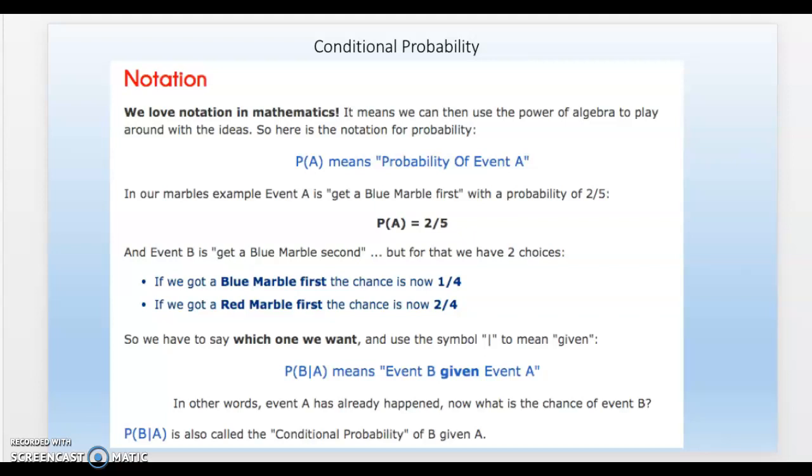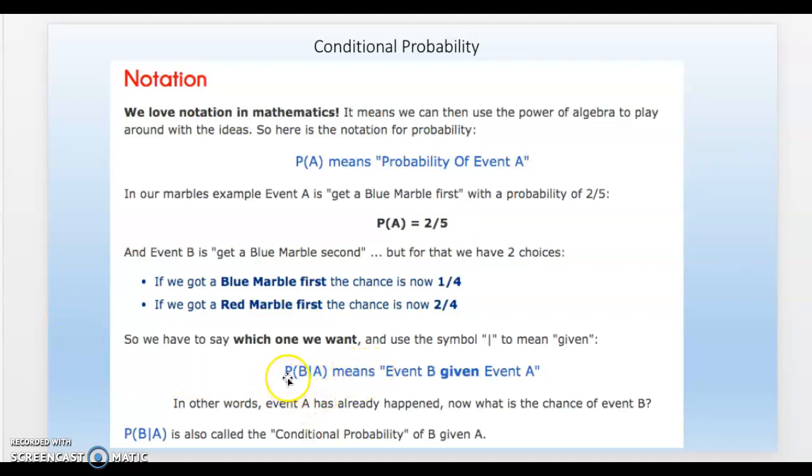Just some notation, and we went through this before. If I write something like P with A inside the parentheses, that means the probability of event A happening. In our example, event A, get a blue marble, the probability was 2/5, so we can write it like that. If event B is to get the second blue marble, there are two choices there, so we have to figure out a way to write it. This is how we do it.